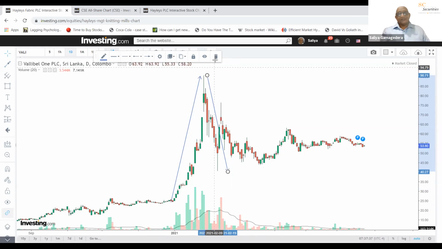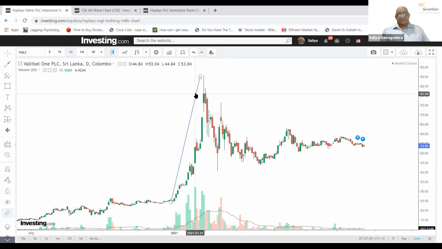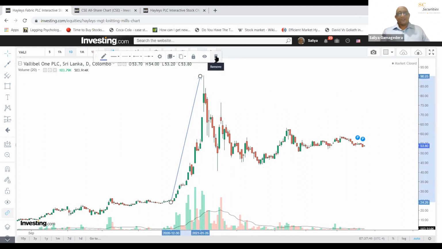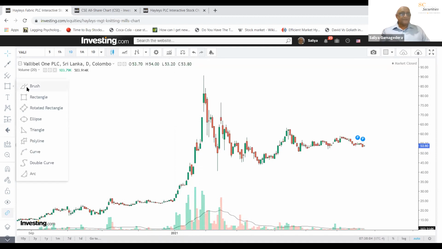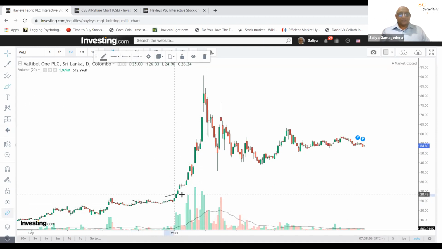But within these major waves, you see ups and downs. So you basically have to break down these moves into waves. The biggest move which is visible has a starting point here. Over here, there's a starting point.